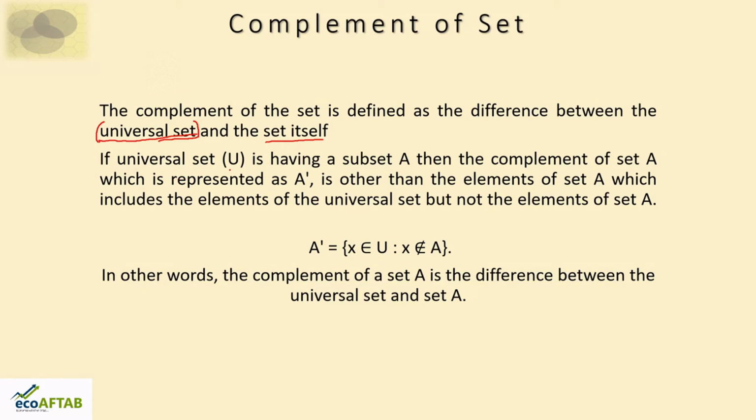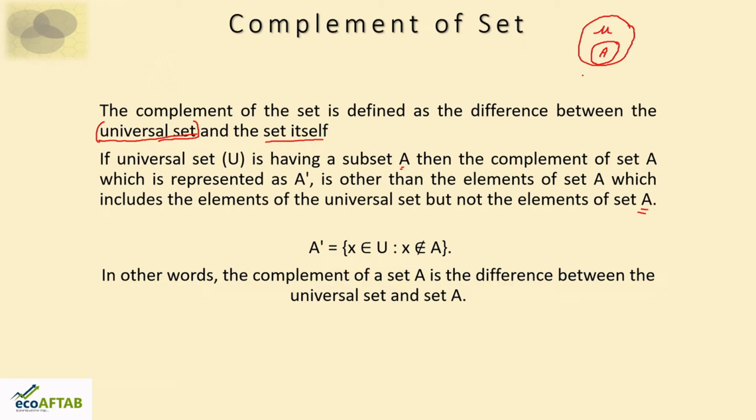If universal set U has a subset A, then what is the complement of A? The complement of set A is represented by A dash, and it consists of the elements of the universal set but not the elements of set A.